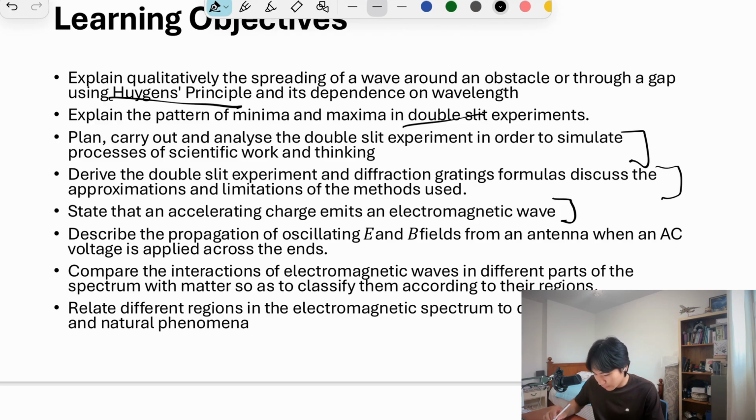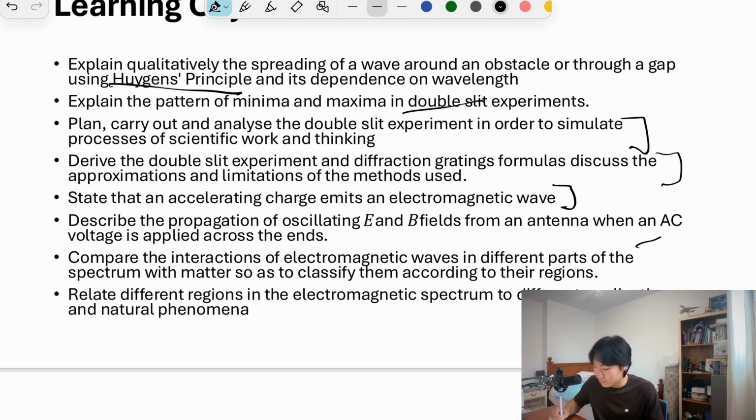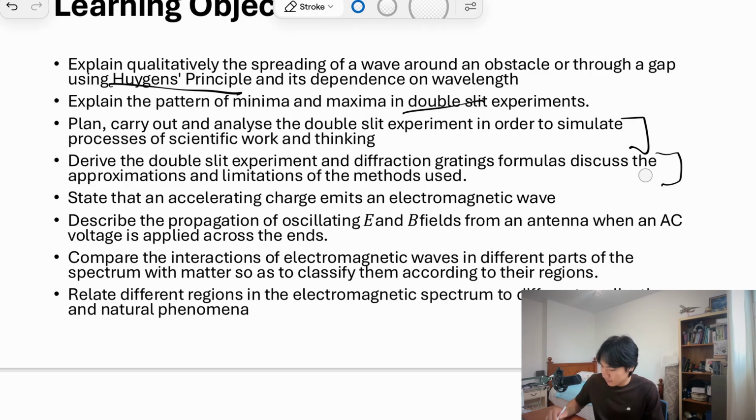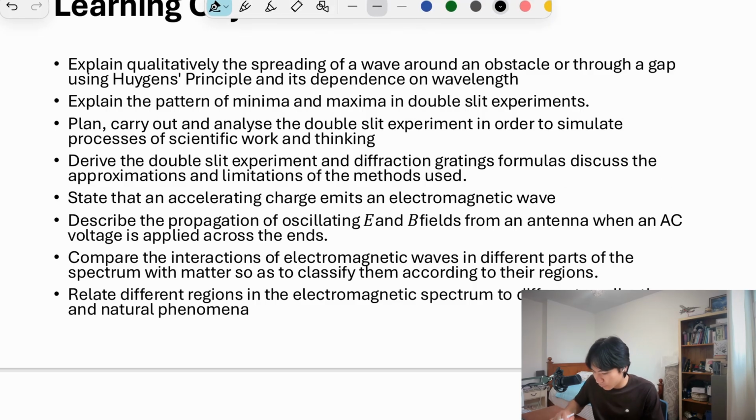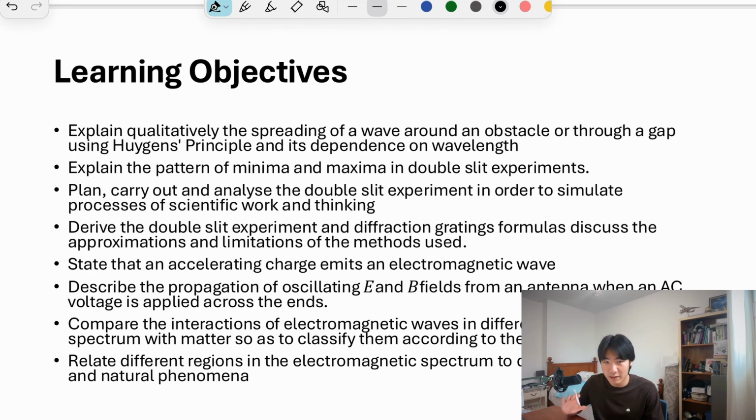We learned about comparing electromagnetic waves, comparing different wavelengths, right? And we learned about their applications, right? Wi-Fi, radio waves, right? And yeah, I think I covered most of it, if not even more than the syllabus.